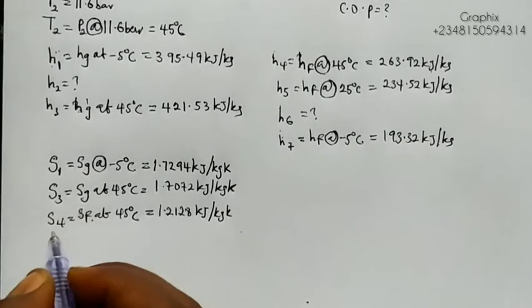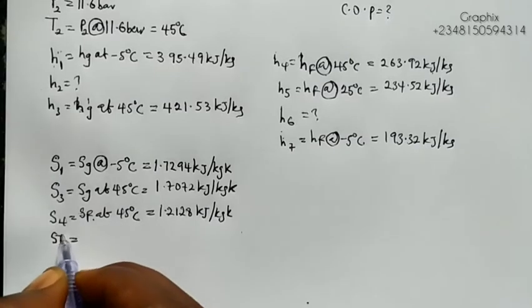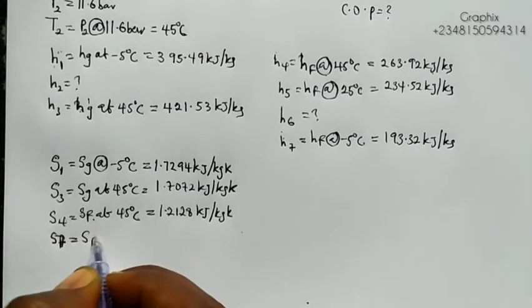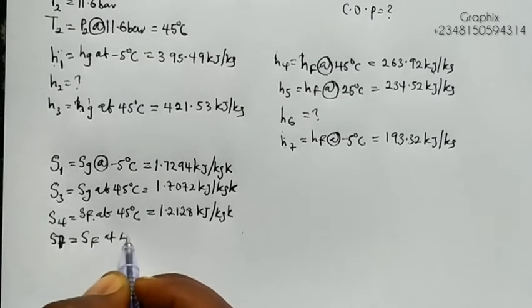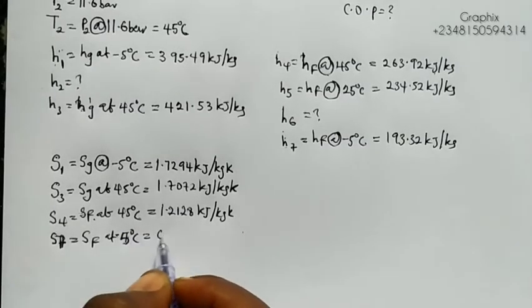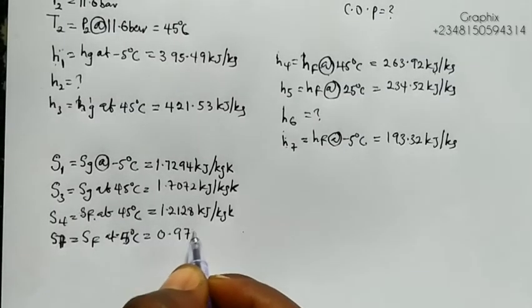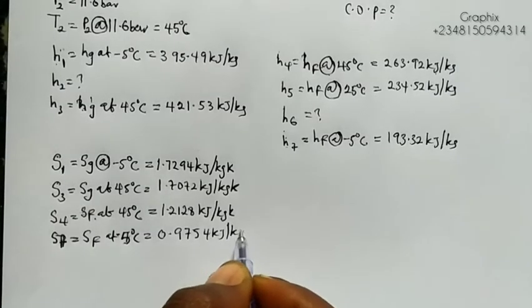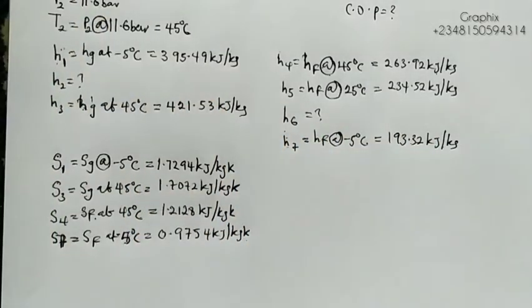So S7 will be equals to SF, since this H7 is HF, so this will be SF at minus 5 degrees Celsius, and we're going to be having 0.9754 kilojoule per kilogram Kelvin. So we've solved all this out. That's the first thing. You bring all of them out.